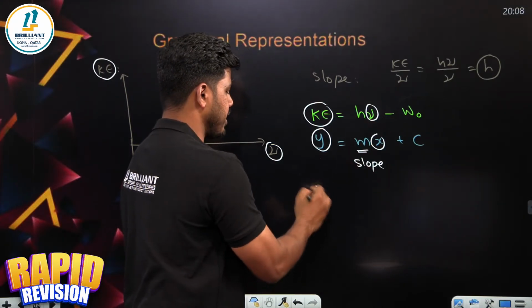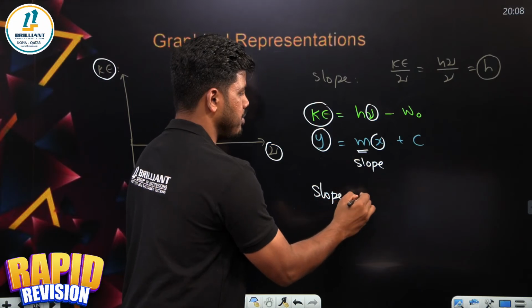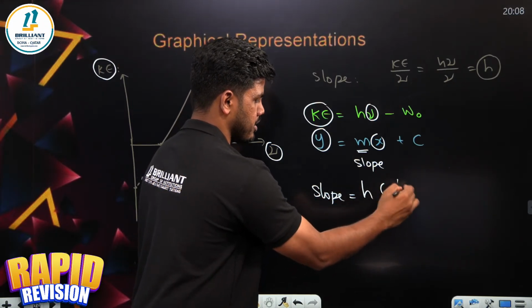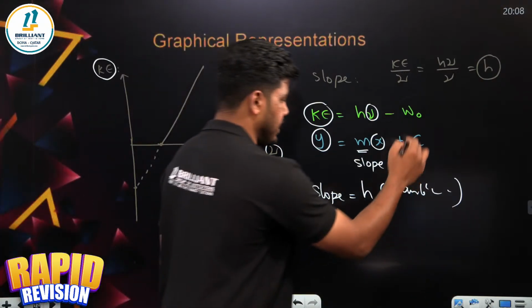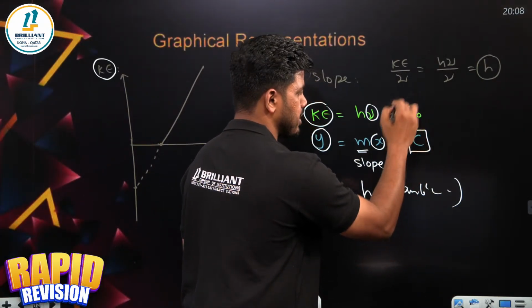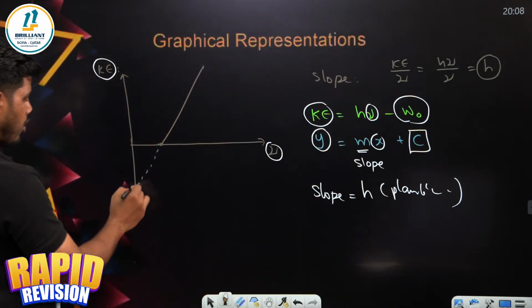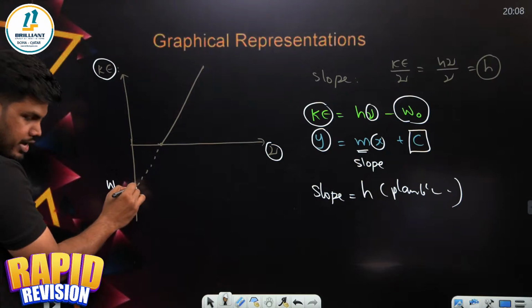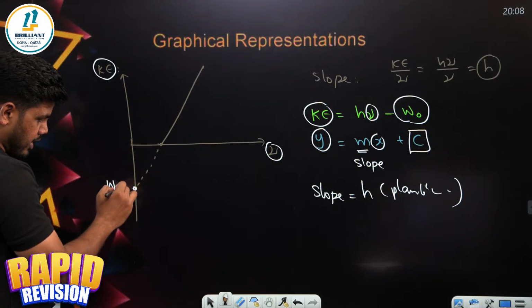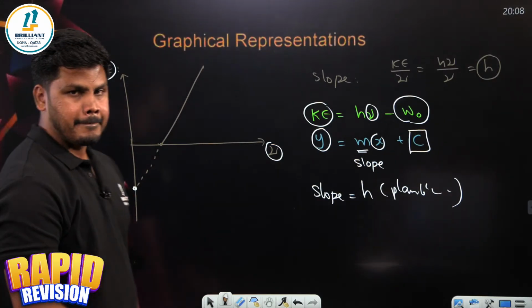From this equation we can say the slope of the graph is going to be h, Planck's constant. And c is the y-intercept, which is w naught, the work function. So if you extend the graph until it touches the y-axis, you will get this value as the work function of the metal.